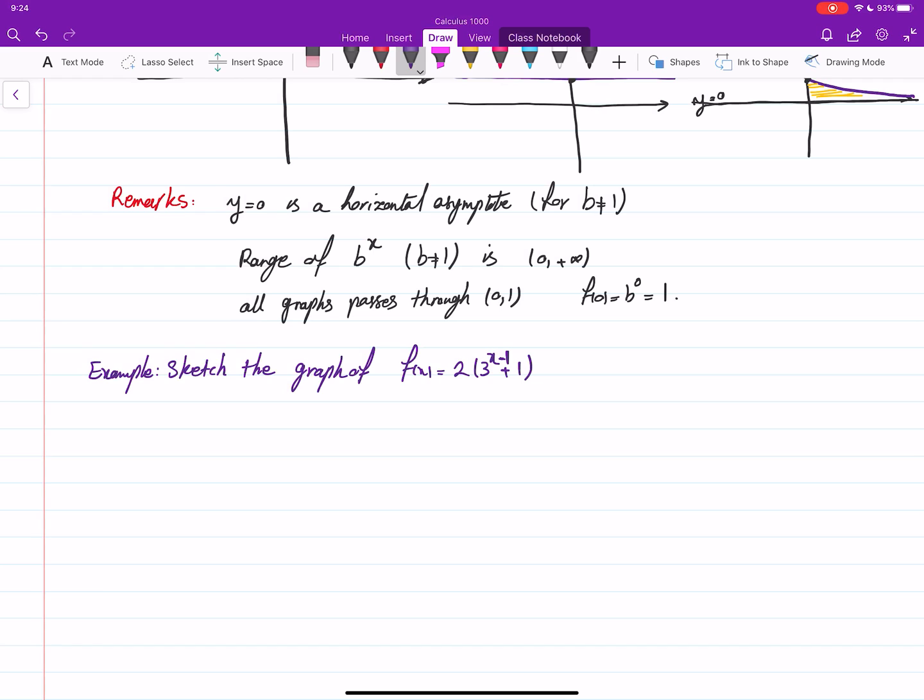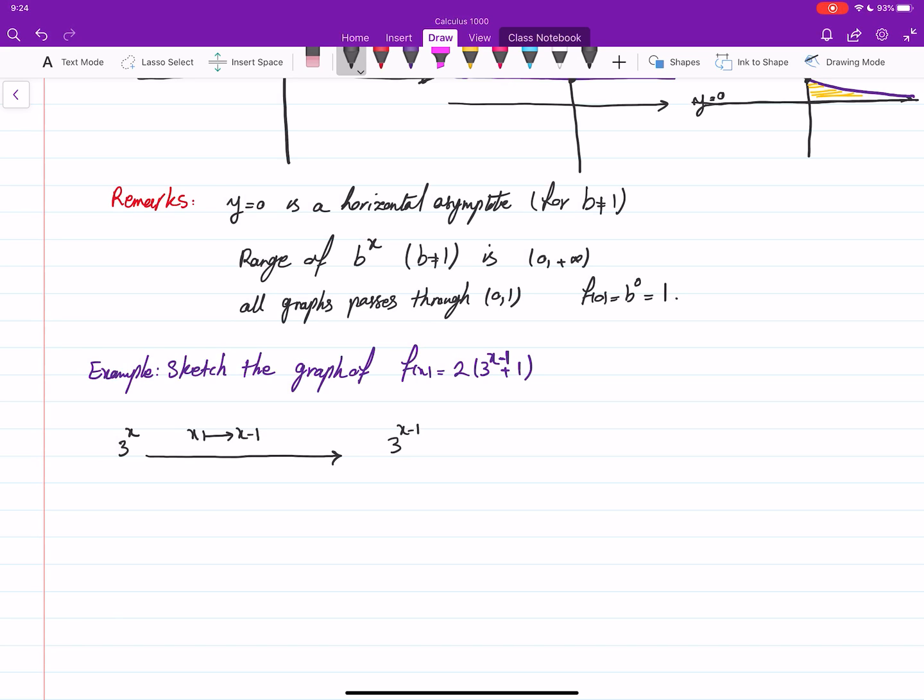Okay, so remember the transformations we can do on the graph of functions. If I start with 3 to the power x, then I can go to 3 to the power x minus 1 by switching x to x minus 1.